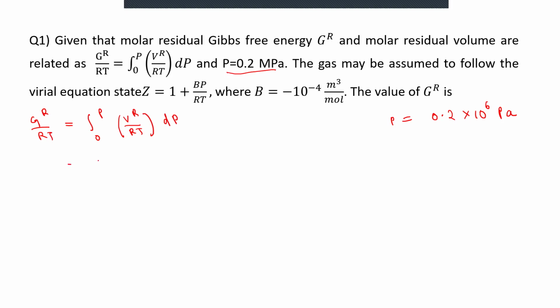Upon substitution, we get the integral from 0 to P of (Z minus 1) dP by P. And here Z minus 1 is BP by RT. So from 0 to P, once the P gets cancelled, we get B by RT into dP.